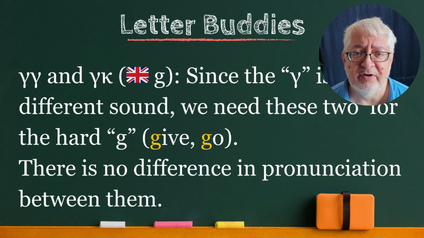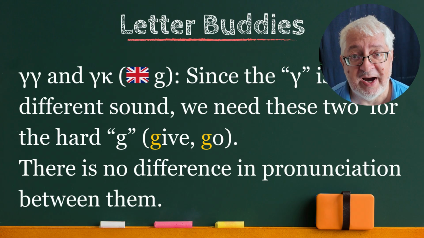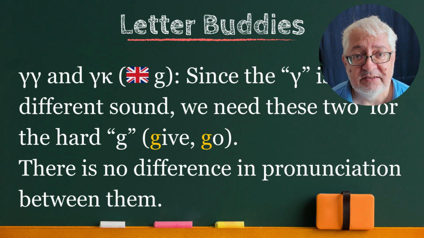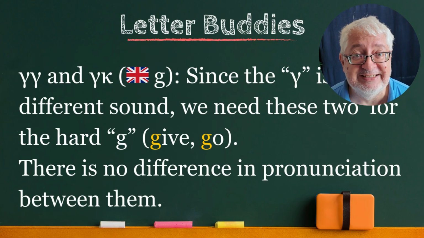And so there are two different ways of creating this. One is to use the gamma twice. So gamma gamma is always pronounced G. And the other is the gamma kappa, the gamma with the K after it. And this also then becomes one combination that is pronounced G. We will see examples of this in a moment.